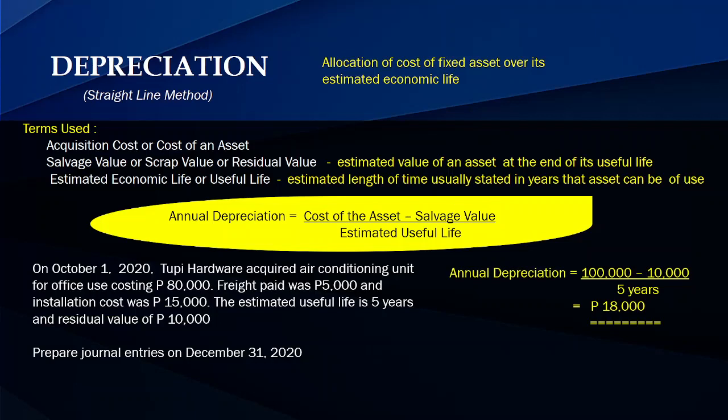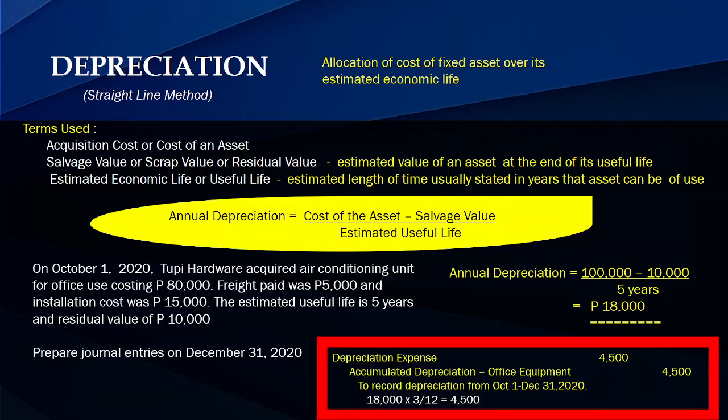Please note that we made the acquisition on October 1, 2020 and we are required to prepare journal entries on December 31, 2020. So our entry would be to take up the depreciation expense. The amount is 4,500. How do we get 4,500?